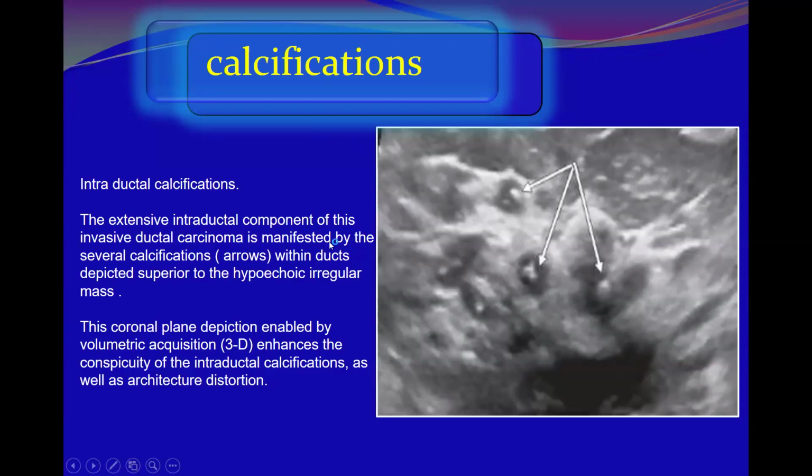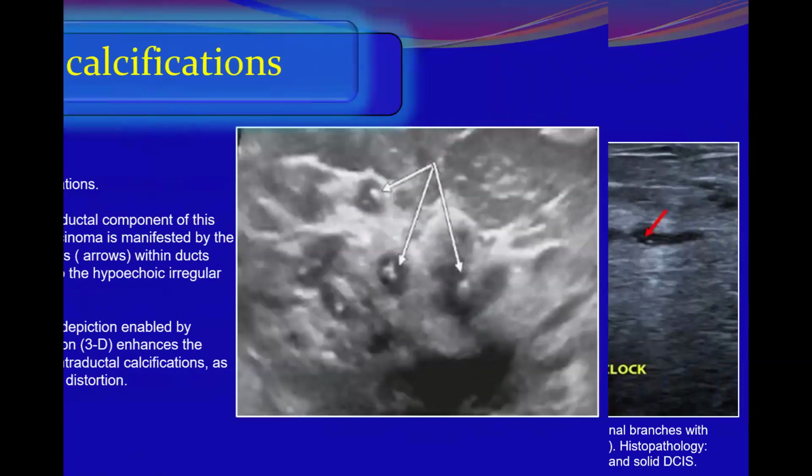The extensive intraductal component of invasive ductal carcinoma, okay, sorry. This is DCIS, the DCIS component of invasive cancer seen here, okay? This is an underlying mass representing invasive cancer, and this intraductal component, or DCIS, is associated with invasive ductal carcinoma.